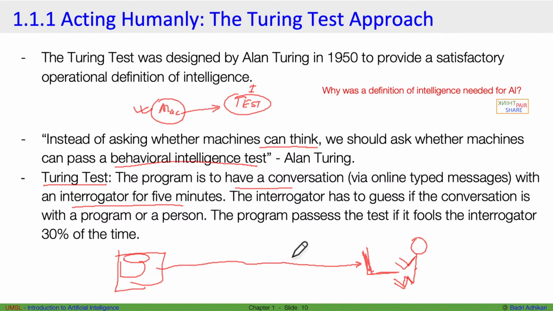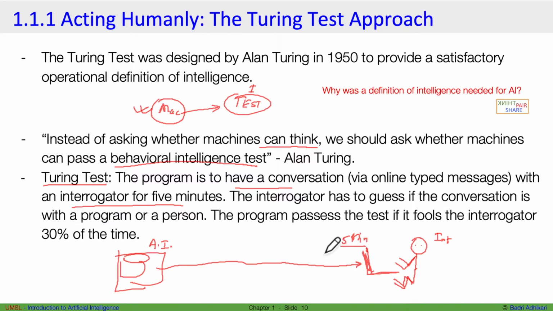So this program, your artificial intelligence program, is to have a conversation with the interrogator. So here's your interrogator, an actual human, and here's your computer screen. They're supposed to have a conversation for 5 minutes.